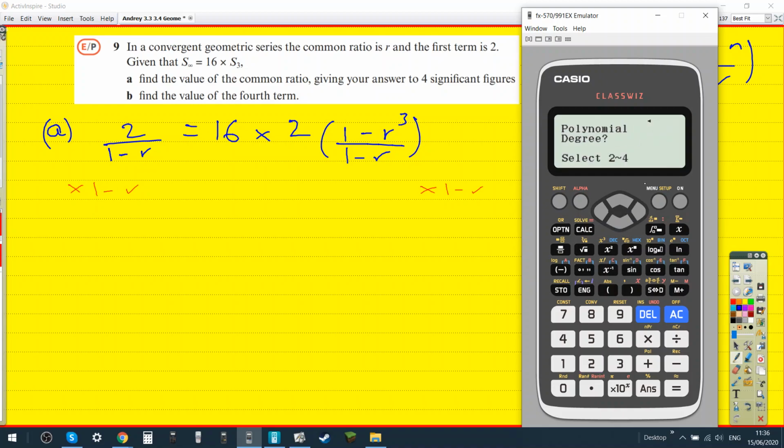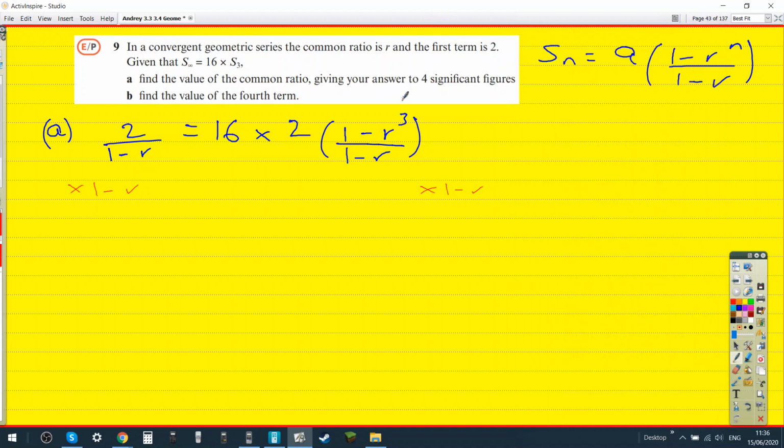I don't know if I played it wrong. It said cannot solve. We might need to simplify it a bit. What would you get if you multiplied both sides by 1 minus r? You'd get 2r over 1 over. And what would be on the left side? Would you just get 2r over 1 minus r? You would just get 2, because you're multiplying by the denominator.